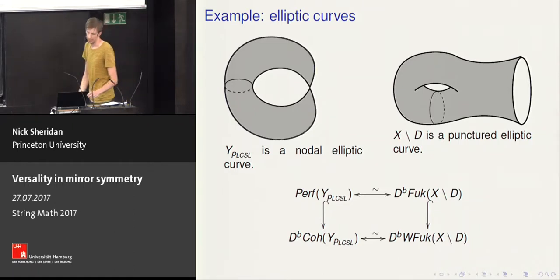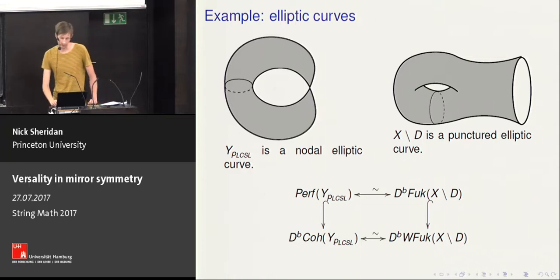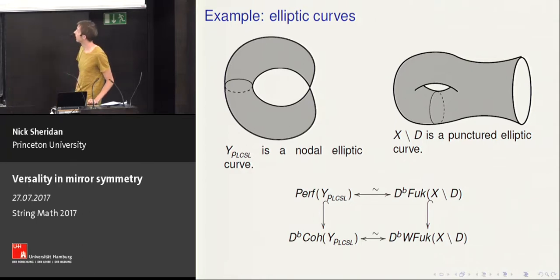And indeed, we have sensible statements of homological mirror symmetry in this case. The category of perfect complexes on the nodal elliptic curve, which is the subcategory of the category of coherent sheaves generated by locally free sheaves, gets matched up with the Fukaya category of this punctured elliptic curve.